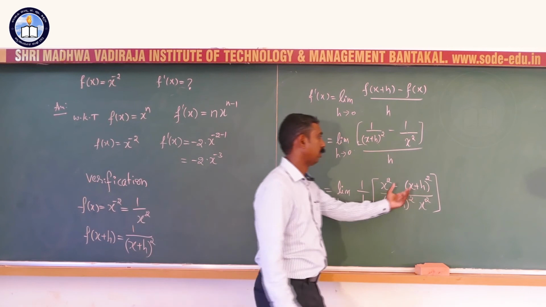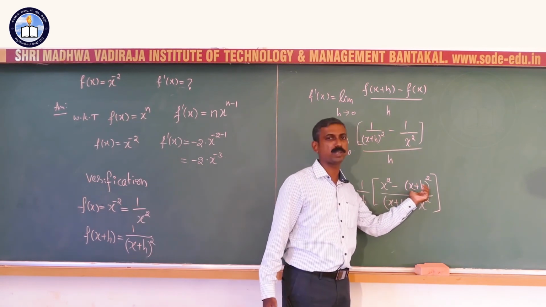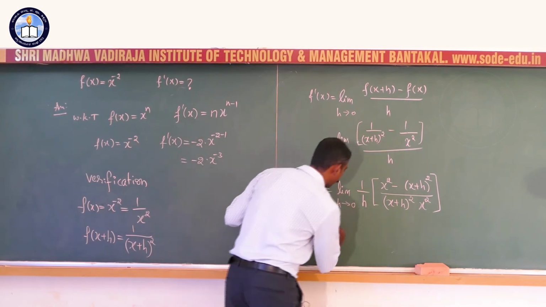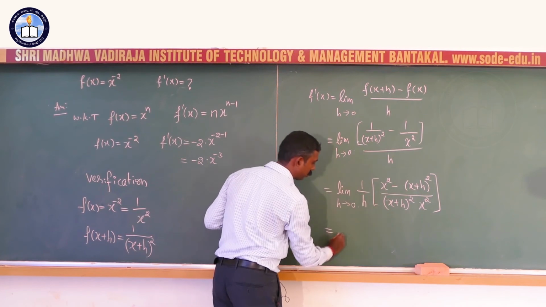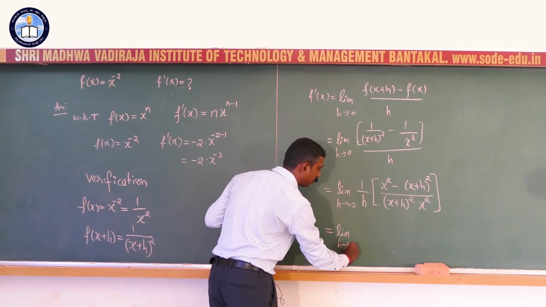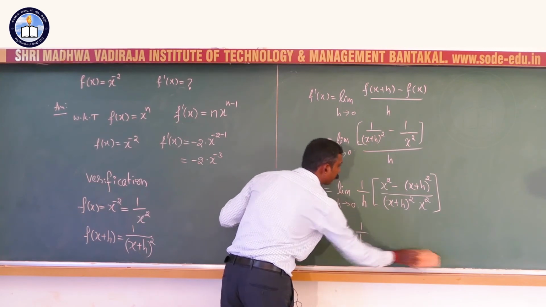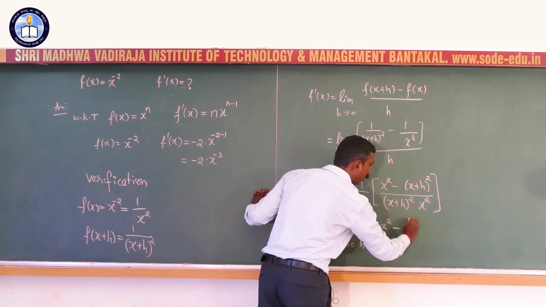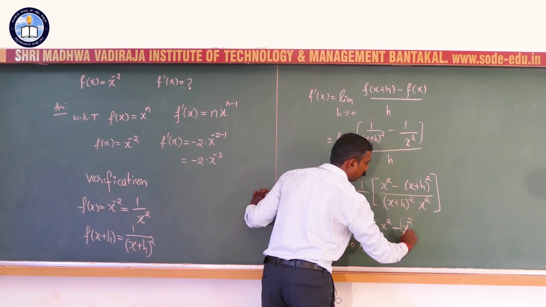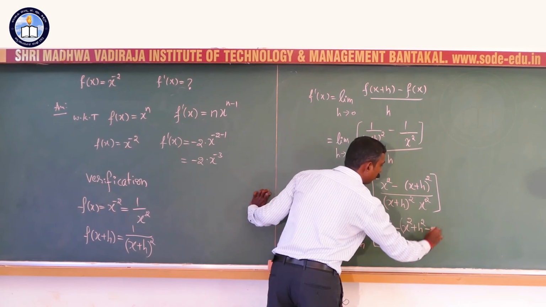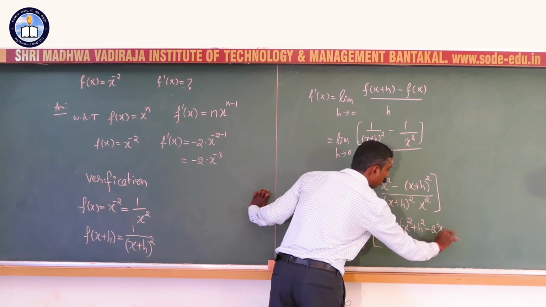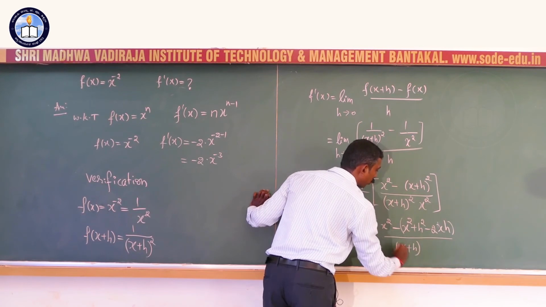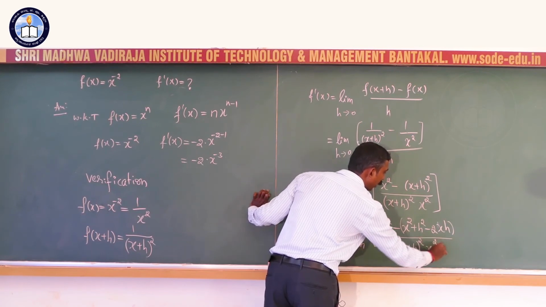Immediately we see that if you open this bracket, a plus b whole square formula, x square gets cancelled. So, let us open that bracket. 1 by h is here. So, limit h tending to 0, 1 by h, it is x square minus x square plus h square minus 2xh, whole divided by x plus h whole square into x square.